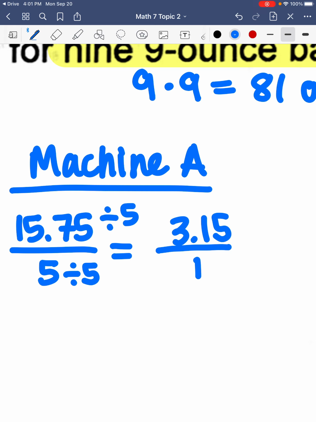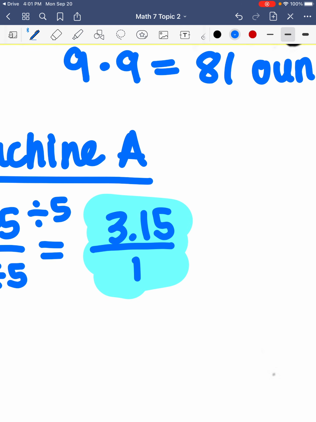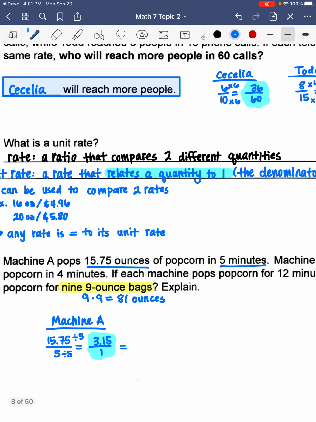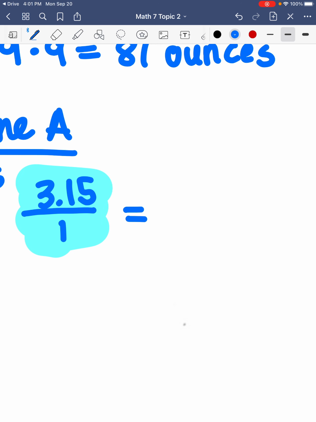Okay? So what's important about this rate right here is that it is our unit rate. It relates our quantity to 1. So machine A pops 3.15 ounces of popcorn in 1 minute. But the question was, we need to know if in 12 minutes we'll have enough popcorn. So I need to figure out how much machine A will pop in 12 minutes.